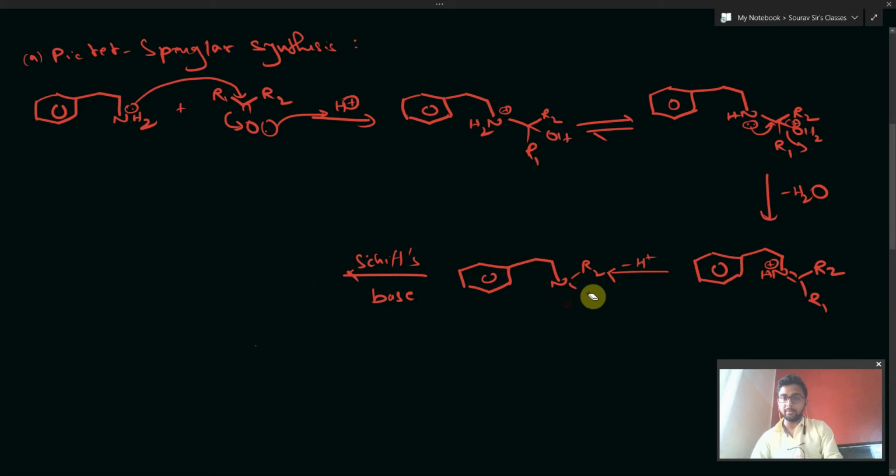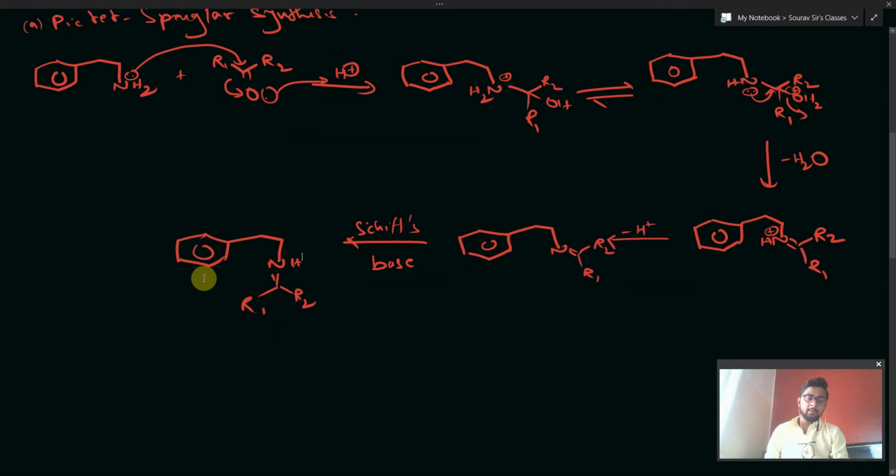I'm sorry, here I made a mistake: double bond R2 R1. So we will be getting this kind of product, NH double bond R1 R2. Then what would happen is, obviously, let me just delete this one.